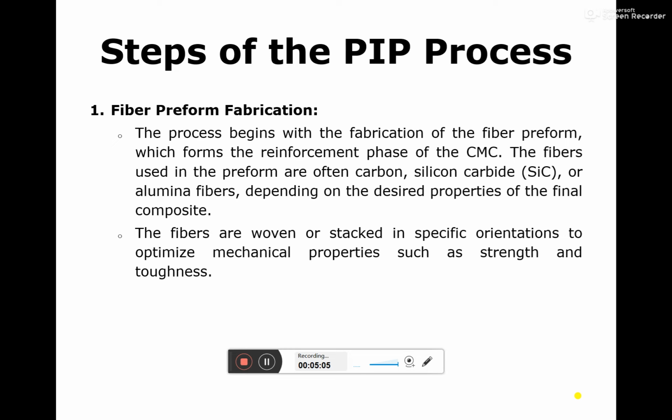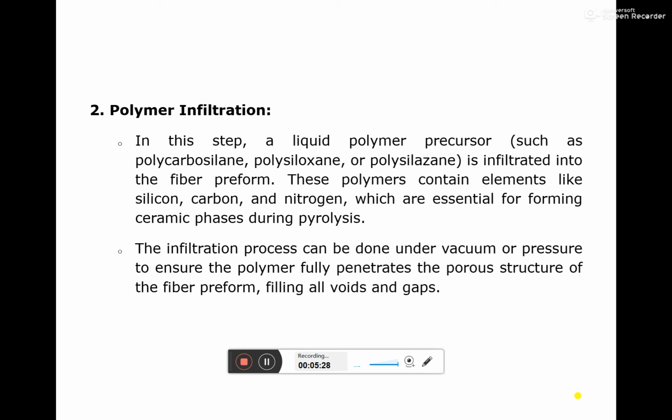Different orientations are also possible while preparing the preform. You can change the direction and orientation of the fibers while attaching or stacking them. That is how you have to perform it.